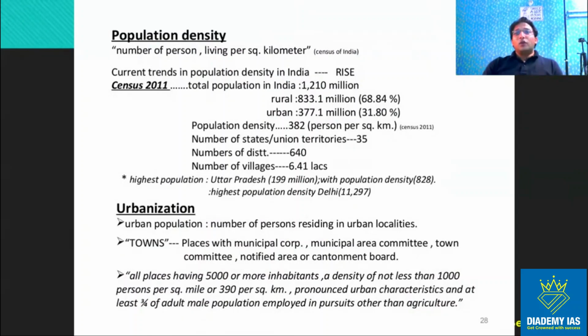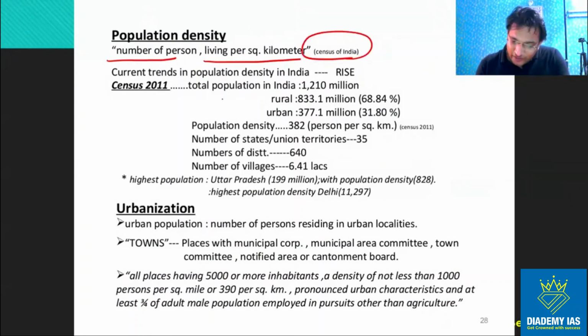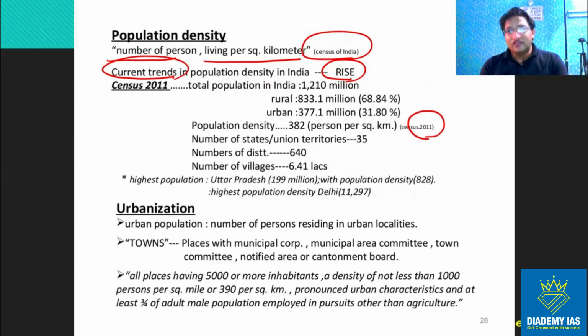Next is population density. We already discussed about it. So number of persons living per square kilometer. This is the definition as per the census of India. If we see the current trend, this is rising. तो आजकल population density बढ़ रही है, right? So if we see 2011 data, which is the latest data, 382 persons per square kilometer.